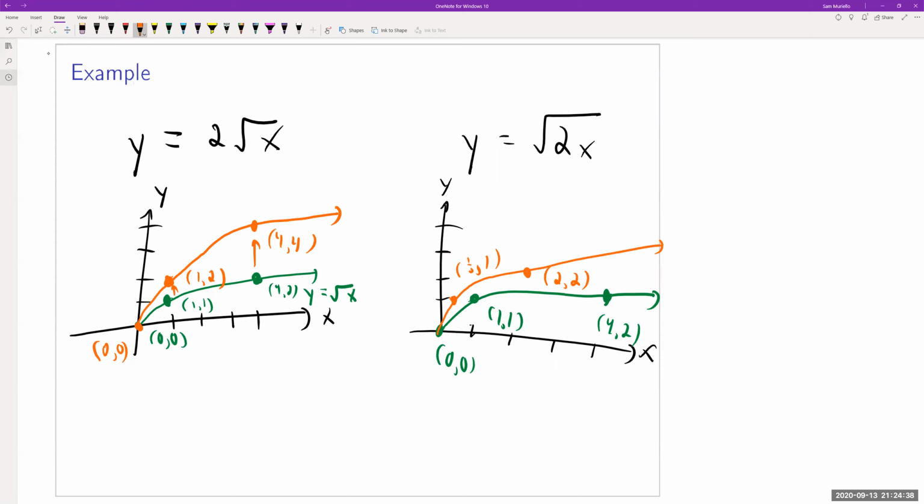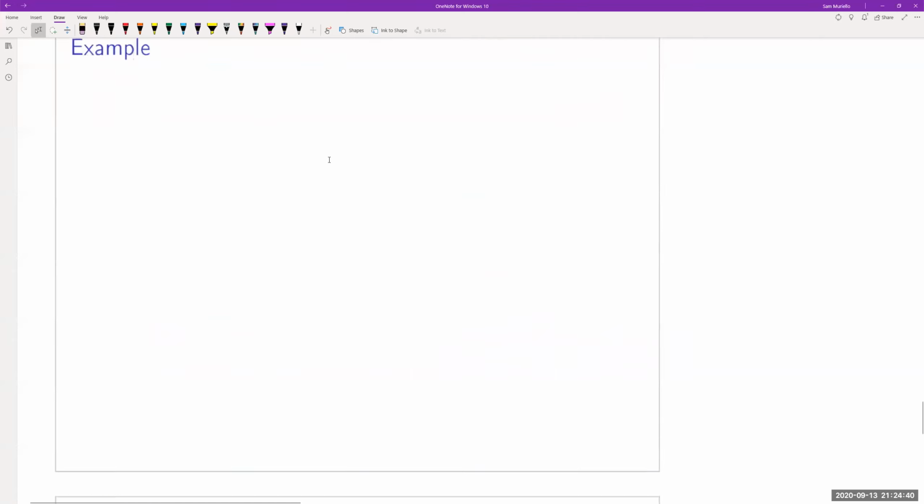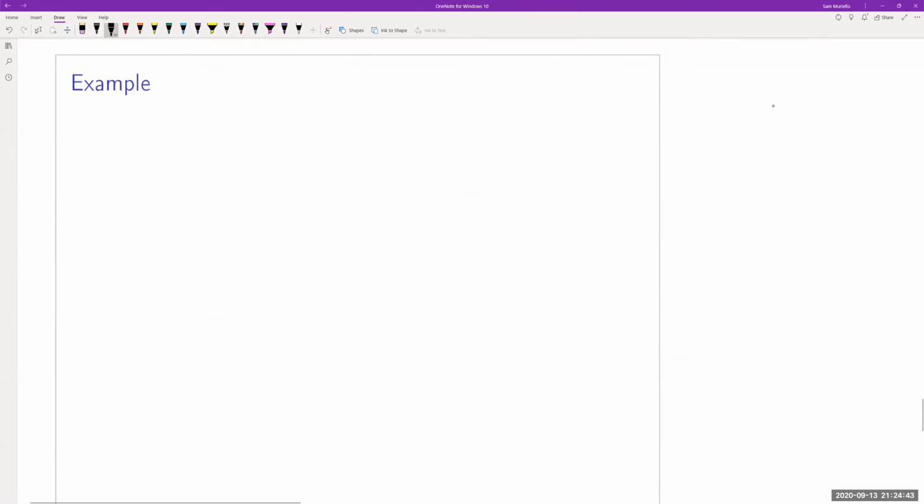Let's look at one final example that combines everything together. Let's say I have y equals 1/2 the square root of 2x minus 6, plus 4. Now, I see several changes going on here. I see some stretching and shrinking, and I see some shifting. The first thing you're going to want to do when you have something like this is factor out the greatest common factor directly with x.